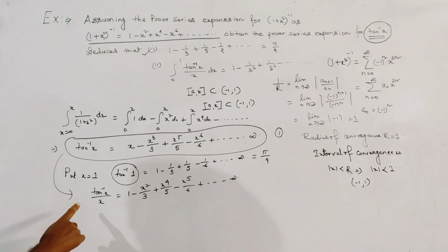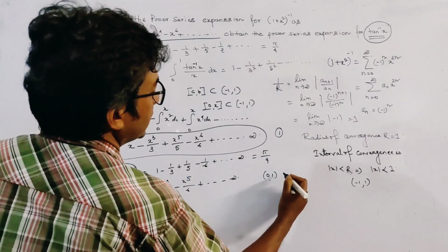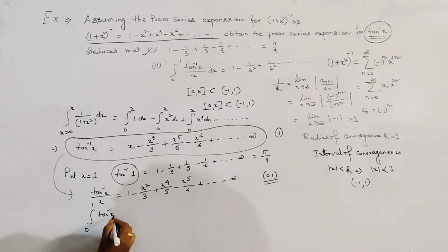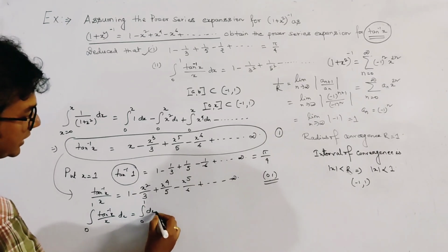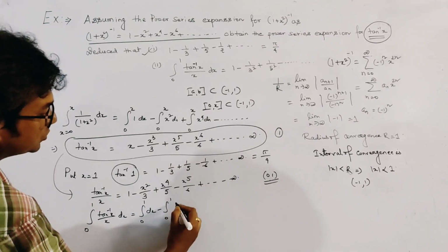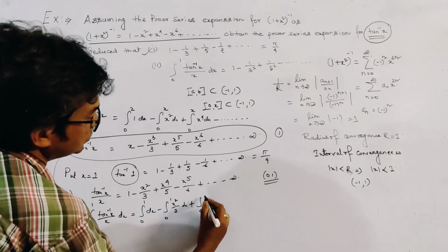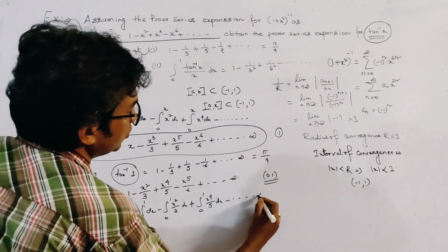Now we integrate this series again in the interval 0 to 1. We get integration 0 to 1 tan inverse x by x dx on the left, and on the right integration 0 to 1 dx minus integration 0 to 1 x square by 3 dx plus integration 0 to 1 x to the power 4 by 5 dx and so on.